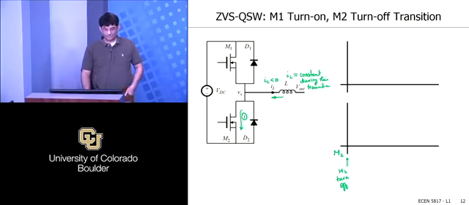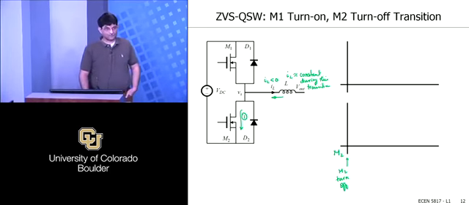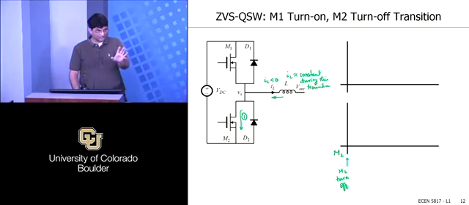Now where does the current go? Again, I'm going to ignore the capacitors initially. But where does this current go now? D1. Goes to D1. Yeah, it doesn't go into D2.